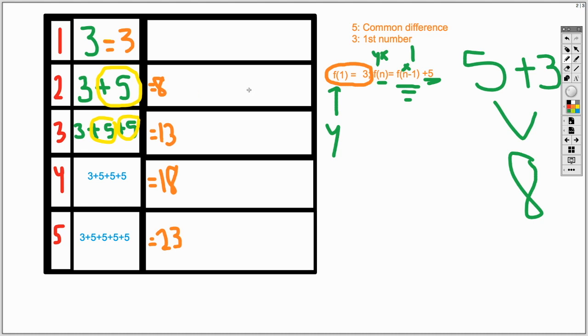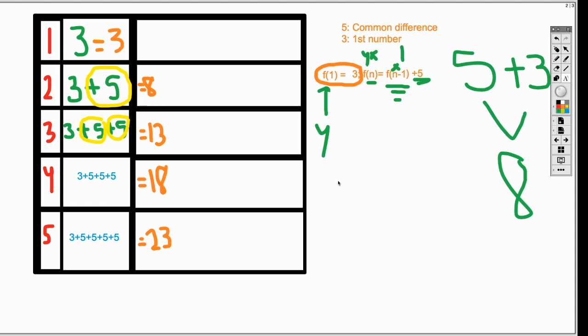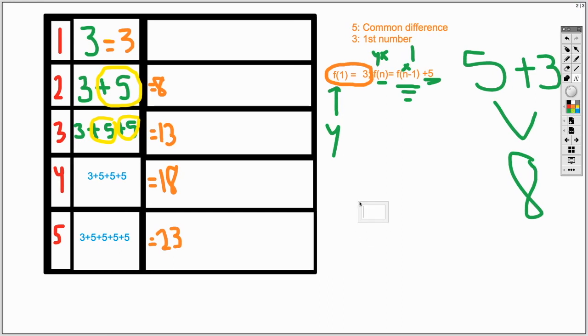That's how our equation works, and I know it's super weird, but it's something you'll get used to. So let's plug it in.